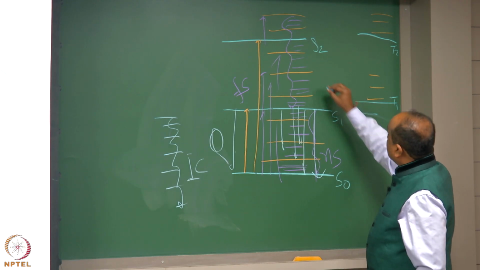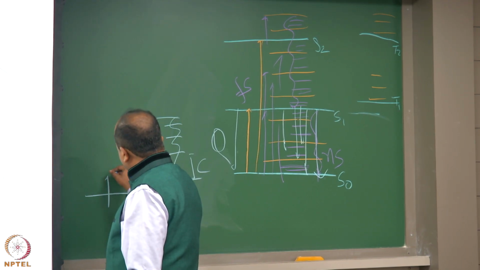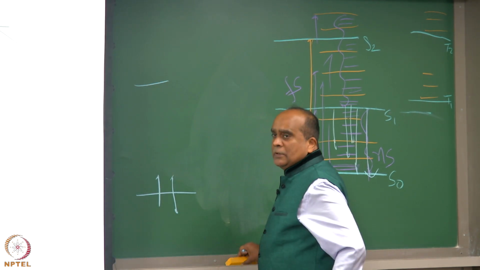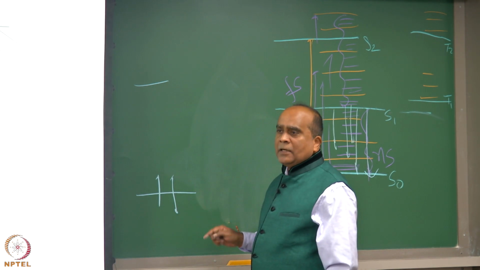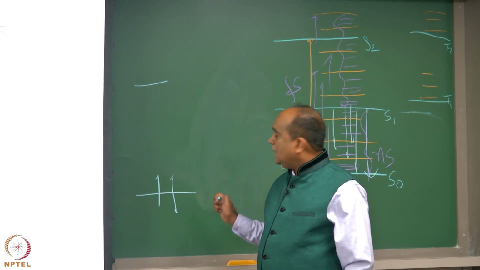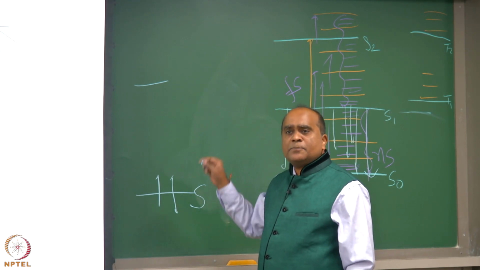There is another phenomenon that can happen. There are two electrons here, up and down. What is the spin multiplicity here? Singlet state, 2S plus 1.